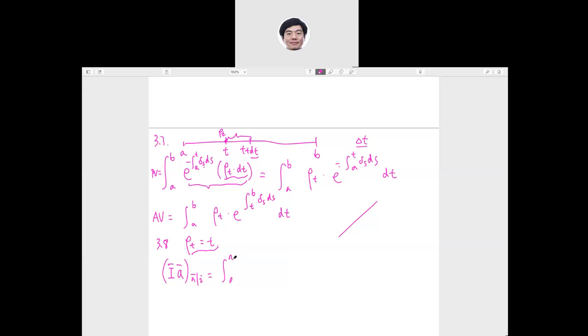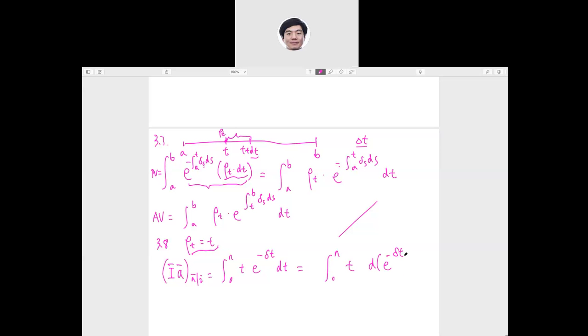So from 0 to n, low t is t. Your force of interest is now a constant. So delta s is just a delta. So that becomes negative delta t dt. So this is a calculus exercise, right? Where you need to apply integration by parts. Let me just show it quickly.